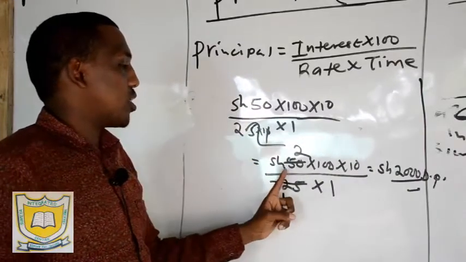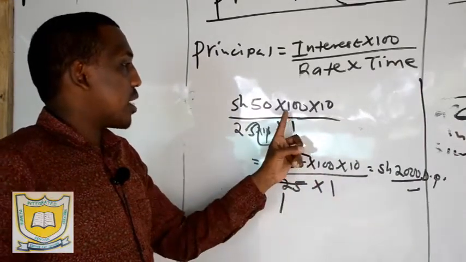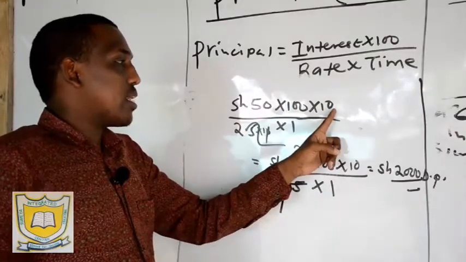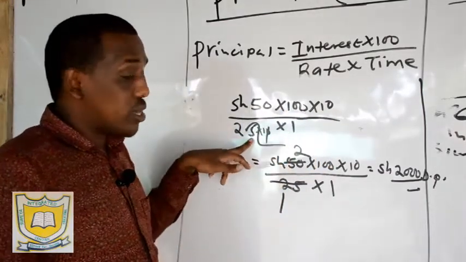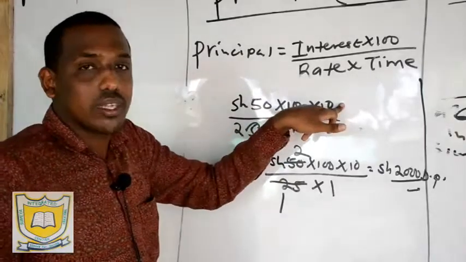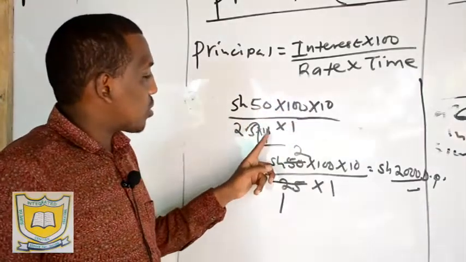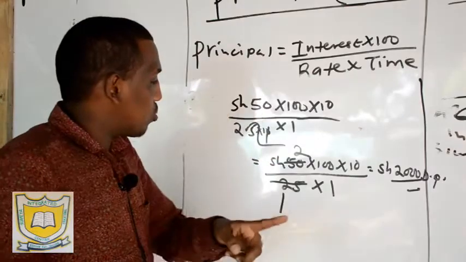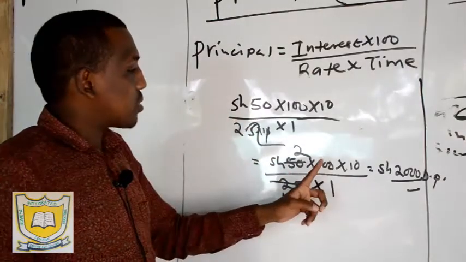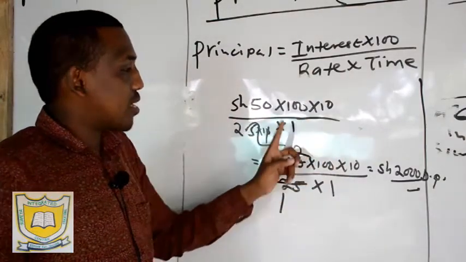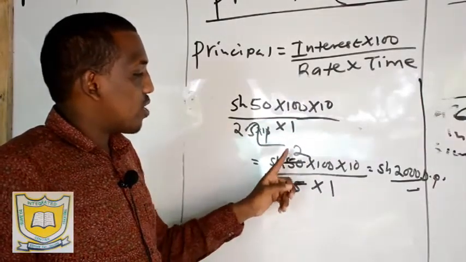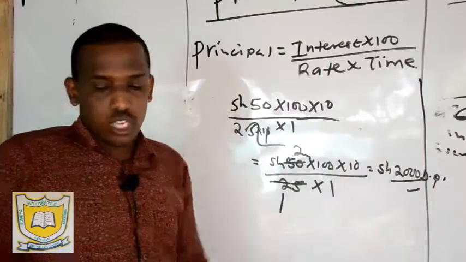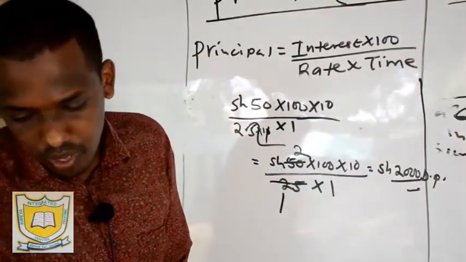Deposit is equal to 50 times 100 times 10 over 2.5 times 1 year. You remove the decimal by multiplying by 10 on both sides, so 50 times 100 times 10 over 25 times 1 year gives shillings 2,000. That is how we find it.